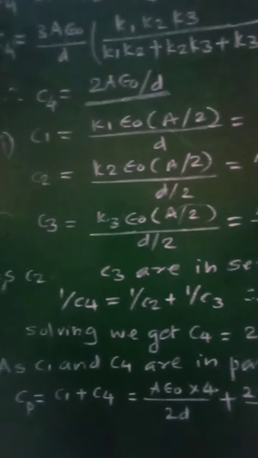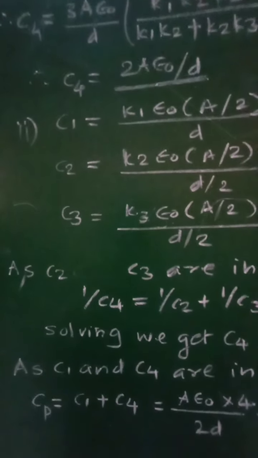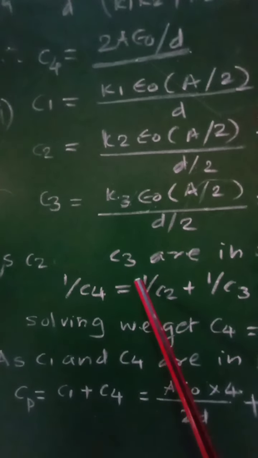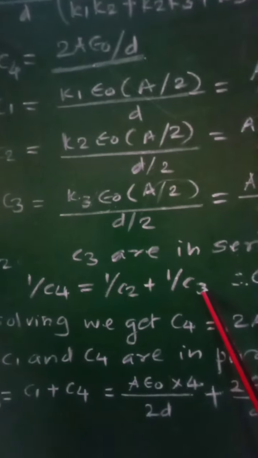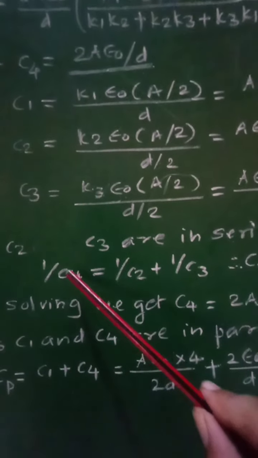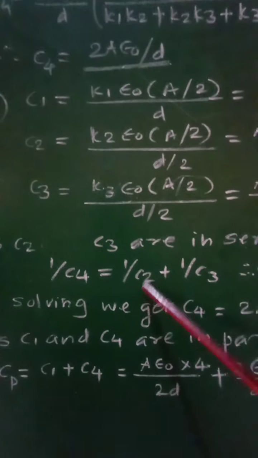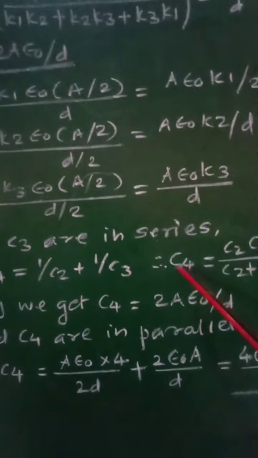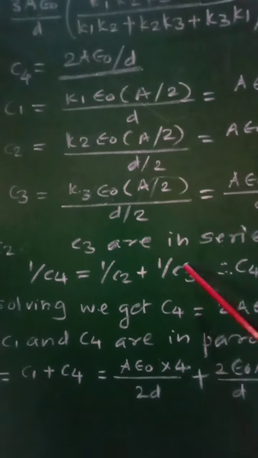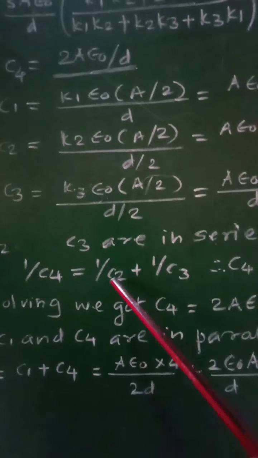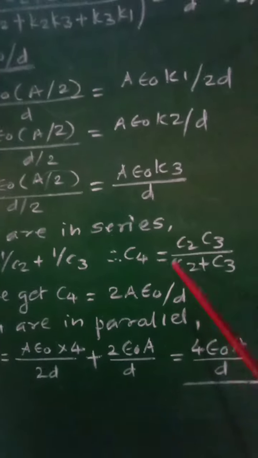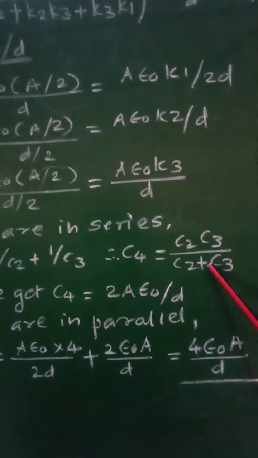Since C2 and C3 are connected in series, 1 by C4 equal to 1 by C2 plus 1 by C3, that means C2 plus C3 upon C2 C3, and therefore C4 will be equal to C2 C3 upon C2 plus C3.